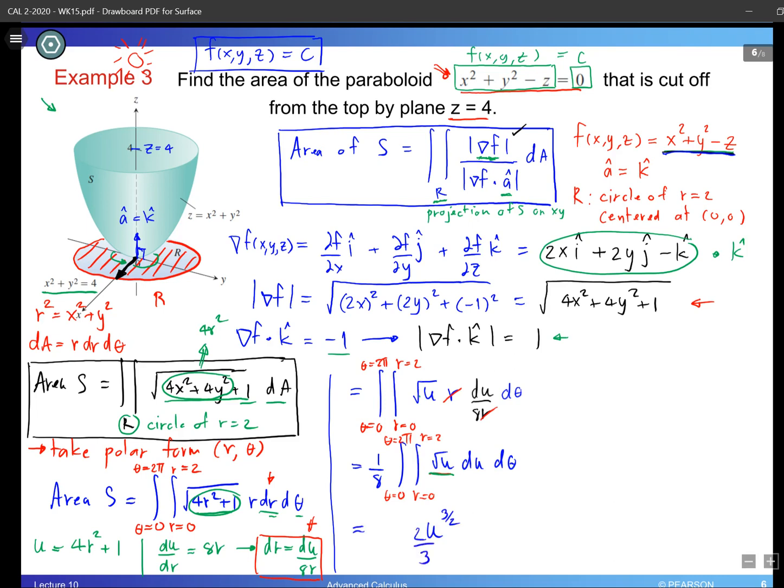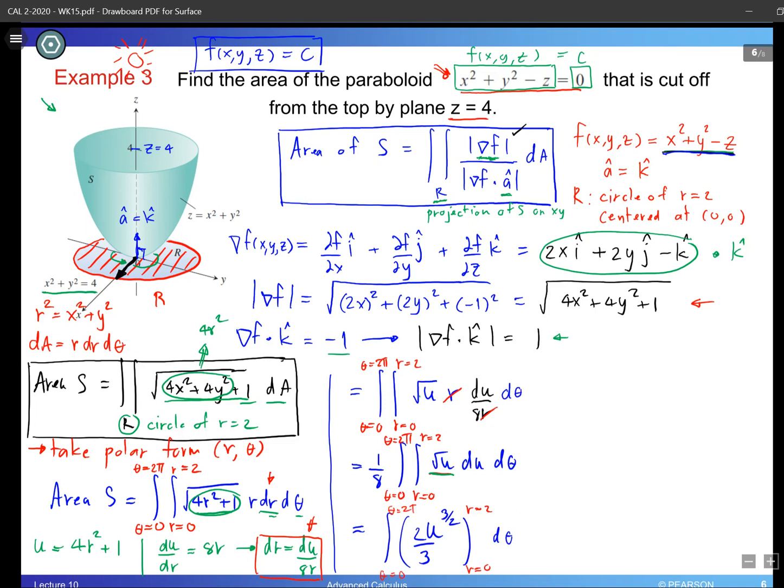Okay, and we need to evaluate this at two values, r equal to 0 and r equal to 2, and we still need to integrate this with respect to theta from theta equal to 0 to theta equal to 2 pi.